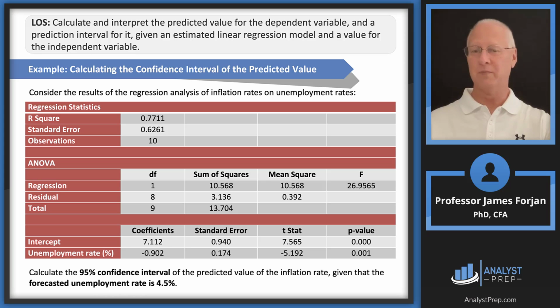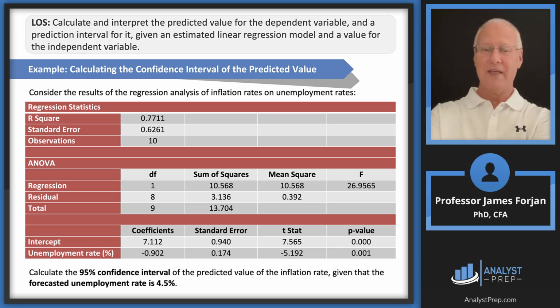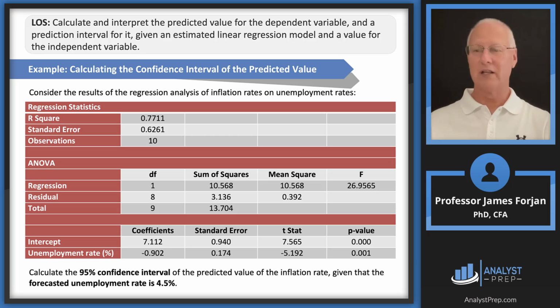It was 9.9 or something, and I said the p-value was probably 0.0001. I was estimating earlier, but there's evidence that I wasn't too far off. All right, so let's do a confidence interval of that predicted rate of inflation.